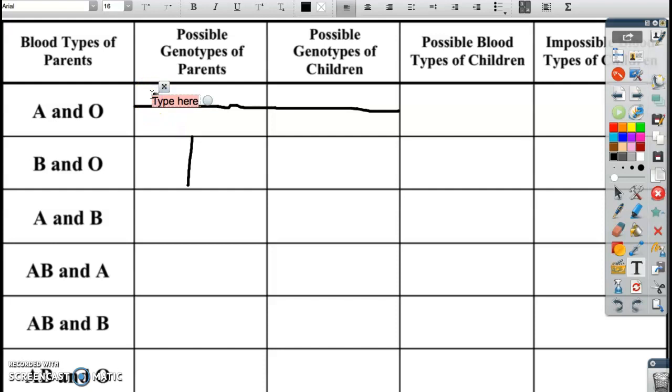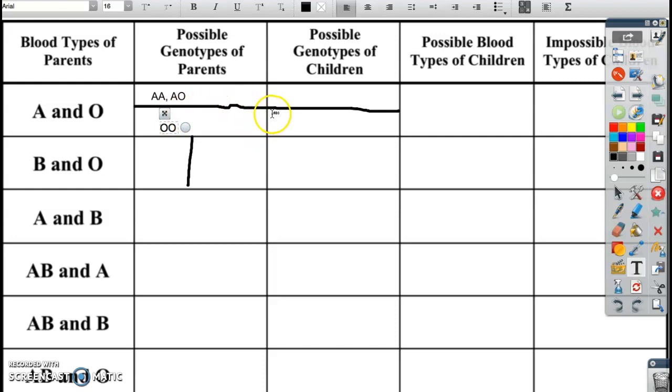Remember, they have two letters for their type, so they could be big A, big A. Or we know that big A is dominant over O, and so it could be big A, O. Either way they would have blood type A. Now, for the other parent, we know that they are type O blood. The only way you can have type O blood is if both of your letters are recessive, or OO. So that parent has to have that blood type.